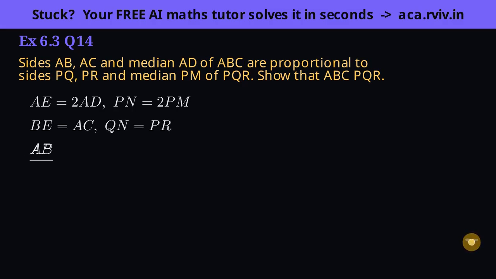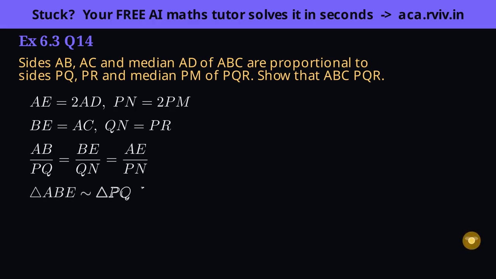The given ratios now make AB, BE, AE proportional to PQ, QN, PN. By SSS, triangles ABE and PQN are similar, so angle 1 equals angle 3.